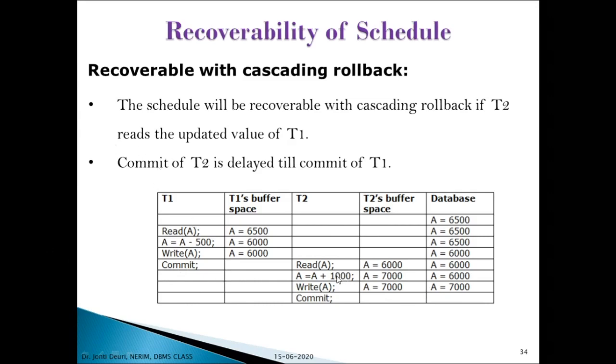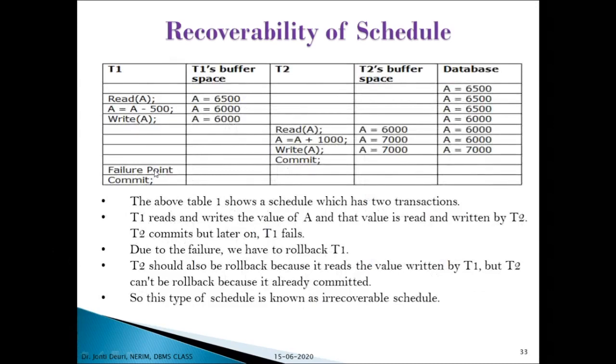But here the problem is, say here it is not committed, but some failure happens. So what will happen? It will roll back again. It means it will either restart or delete that transaction, that is, kill that transaction.